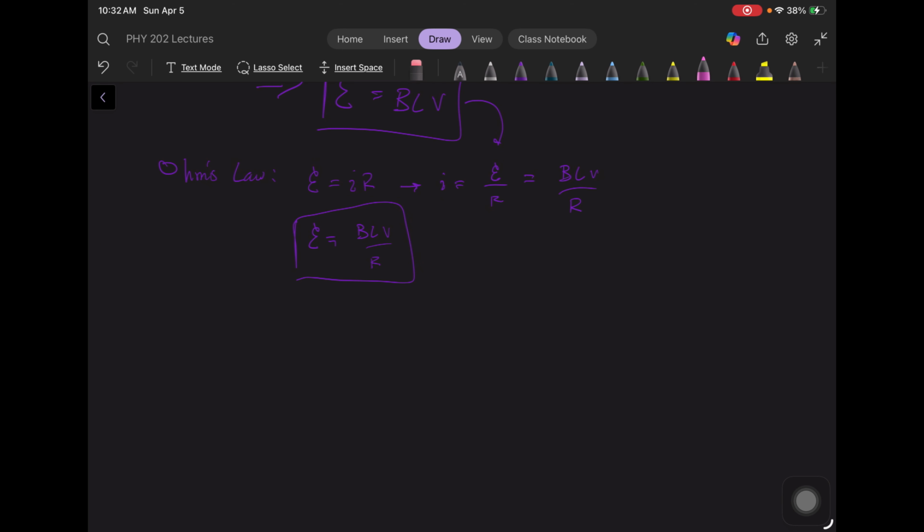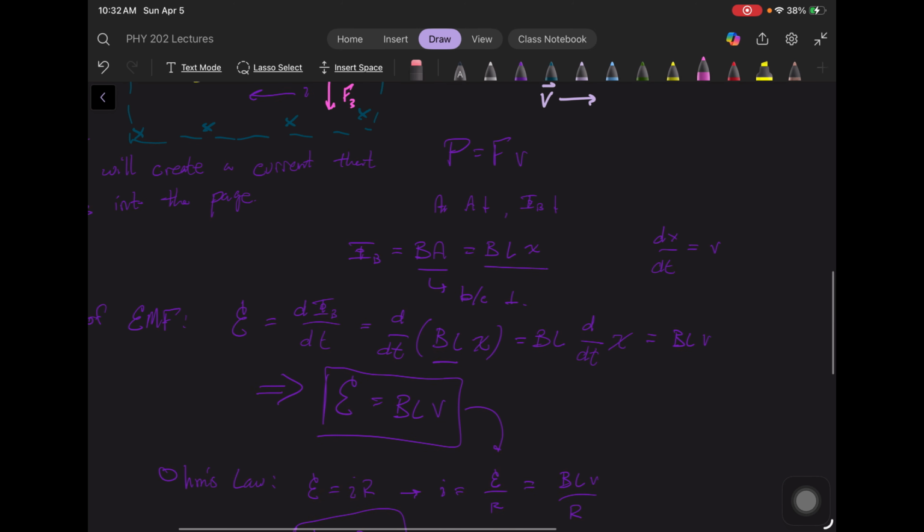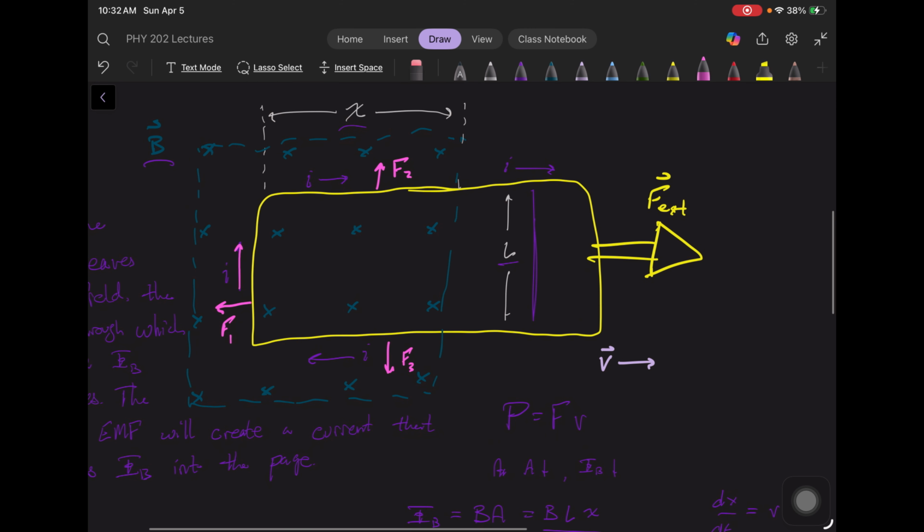And so we know that the force is equal to IL cross B. And then we can say, well, this leg and this leg of the loop are going to have the same length, so L is going to be a constant.